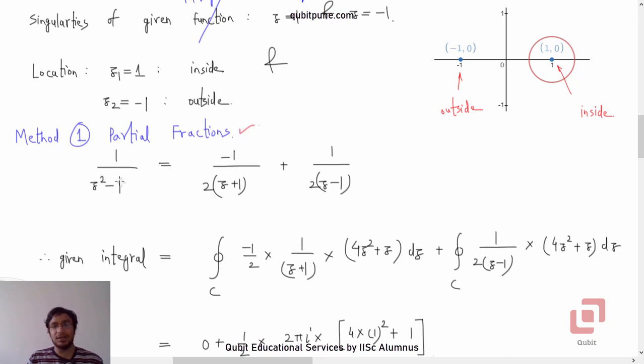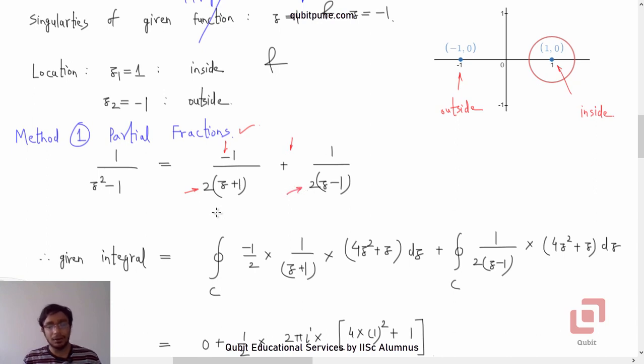To do this, we consider the function 1 upon z squared minus 1, and we split it into partial fractions whose denominators are z plus 1 and z minus 1 respectively. I'll not explain how to obtain the coefficients here. For 1 upon z plus 1, the coefficient is minus 1 upon 2, and for the second one, the coefficient is going to be positive 1 upon 2.